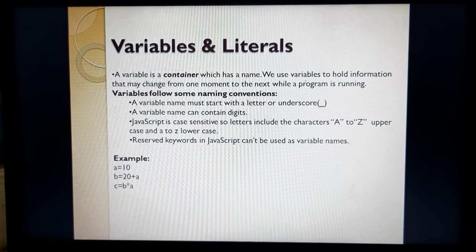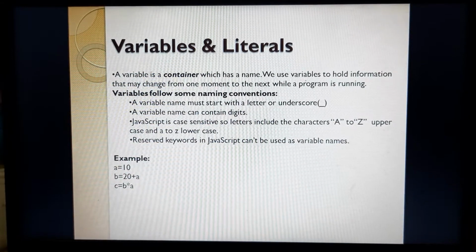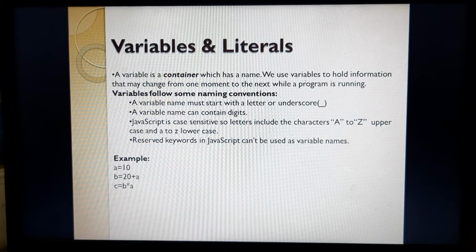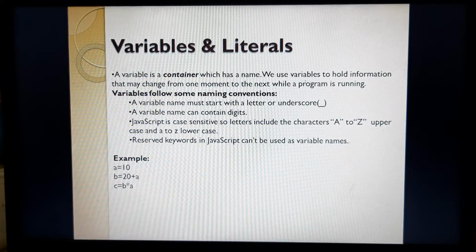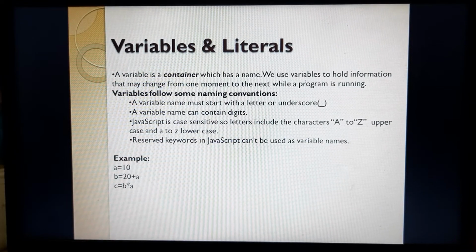It means that while running the program, your variable values can be changed from one scope to another scope. And to declare the variables, we follow the naming conventions. A variable name must start with a letter or underscore.